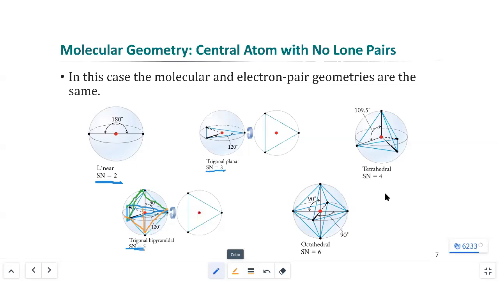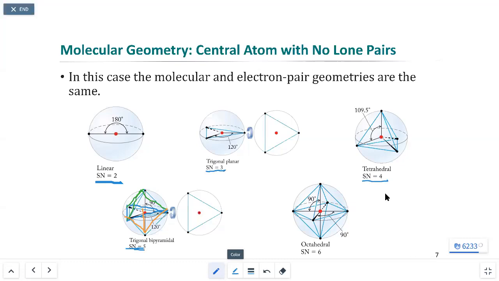For steric number 4, we are talking about something called a tetrahedron or a tetrahedral shape. Now here we see our first instance of 3-dimensionality. Notice that this circle in the middle of the sphere kind of represents a 2-dimensional plane in the middle of that sphere.